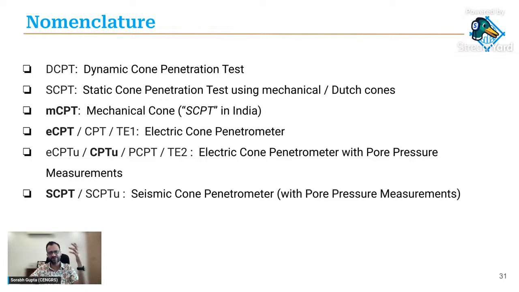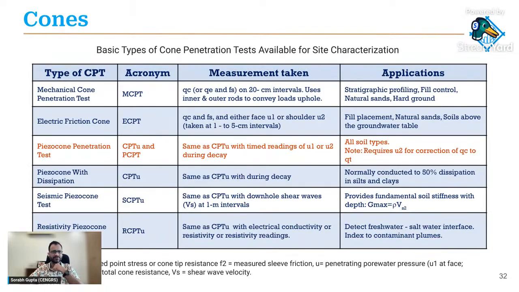And when you add seismics to the same cone, usually you'll call it SCPT, not to be confused with SCPT in India, which is the mechanical cone, but SCPT for seismic cone penetration test. To be clear, we also refer to it as SCPTU, which is seismic cone with pore pressure measurements. So what you see in bold, MCPT, eCPT, CPTU, and SCPTU, is what we prefer to use for the Indian context.